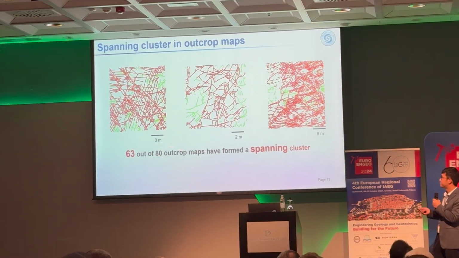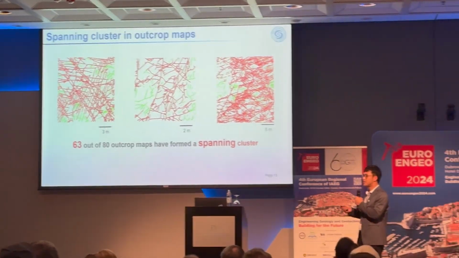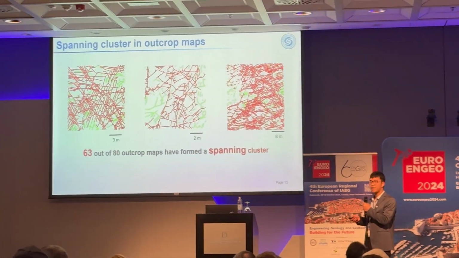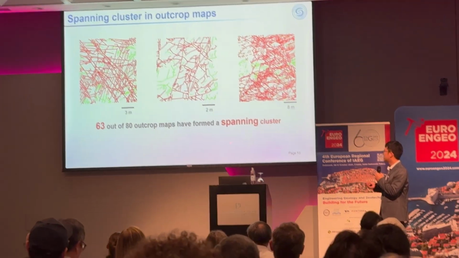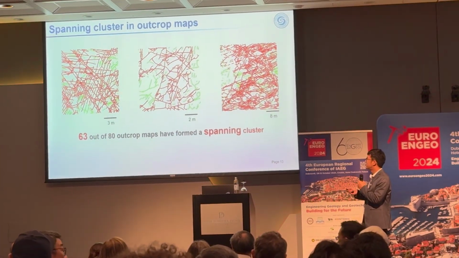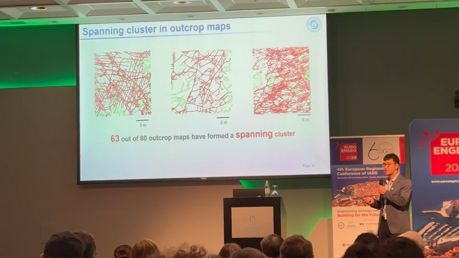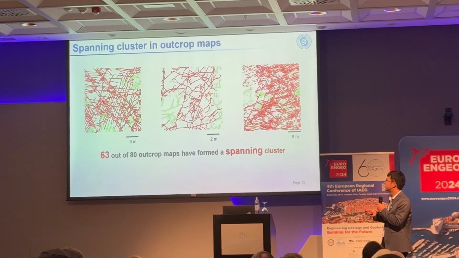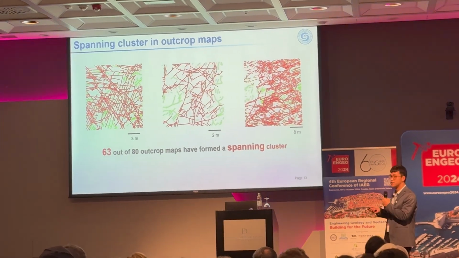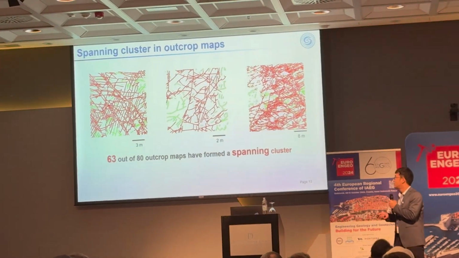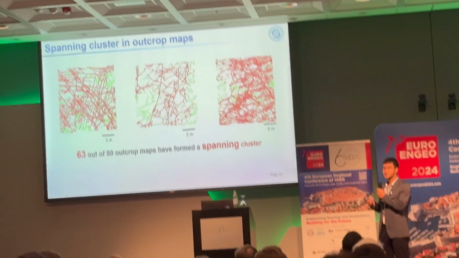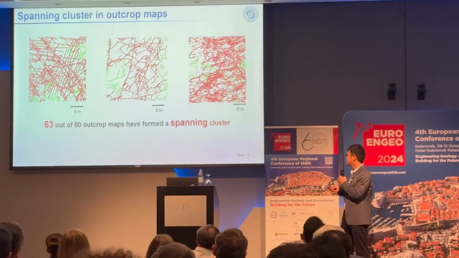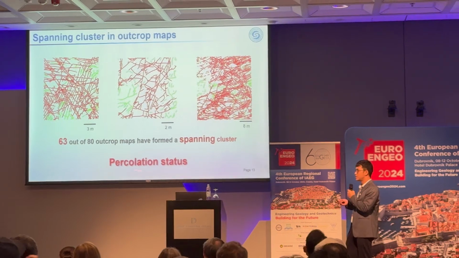And we found that 63 out of the 80 outcrop maps we have collected have formed a so-called spanning cluster, which are shown in red. These spanning clusters are connected fractures which also connect the boundaries of the domain. Here all boundaries of the domain are connected. If a spanning cluster forms in a system, we call this system to be in the so-called percolation status.